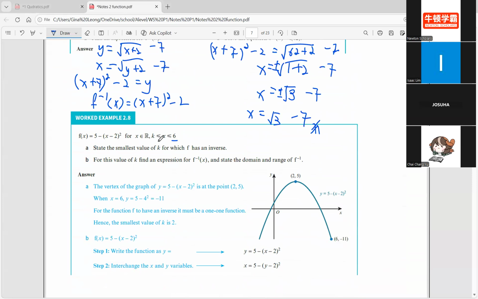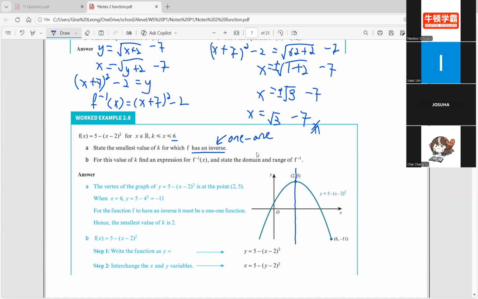The K, he doesn't know, he asks you to find. So he asks you to state the smallest K value if that is the inverse. So same thing, when that is the inverse, you only have 1 to 1. It's a 1-to-1 function, so you need to cut.